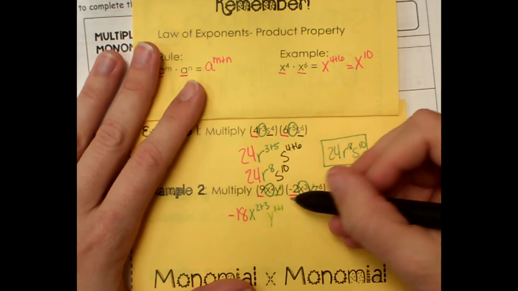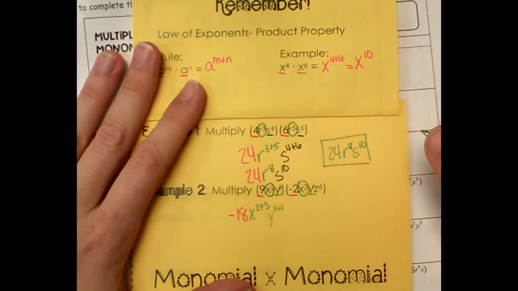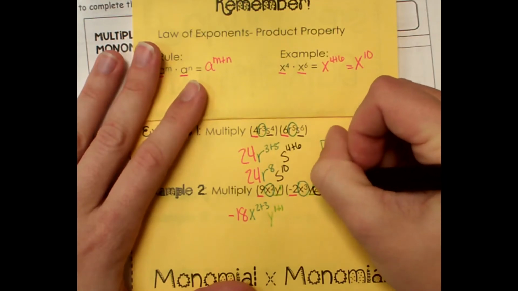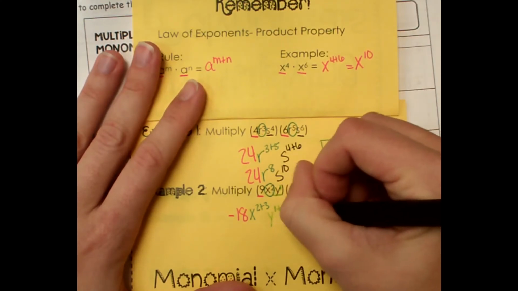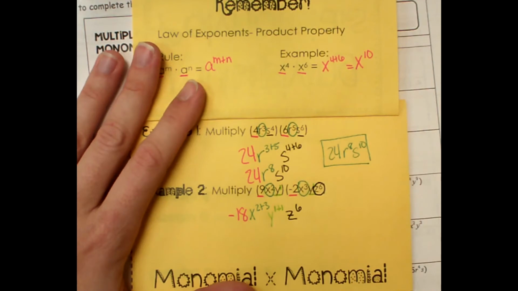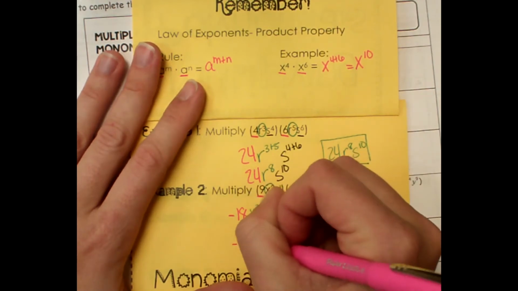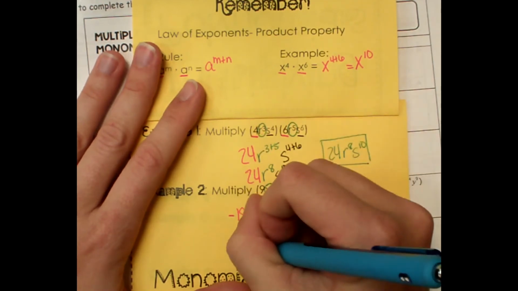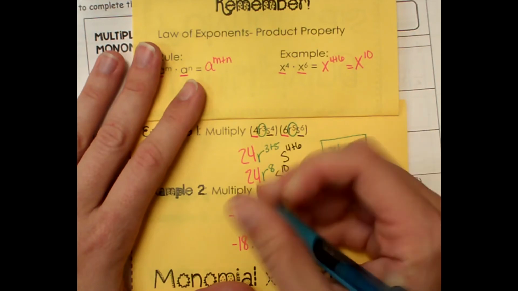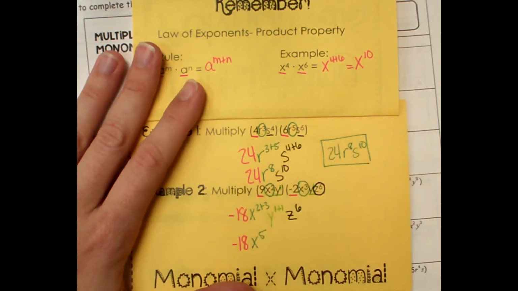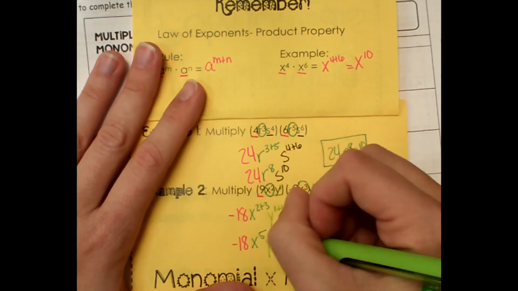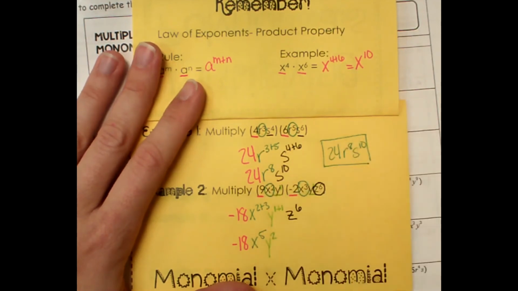The last one, that takes care of the first monomial. I still have z to the 6th over here. So I'm just going to bring it down. There is nothing to change there. So when I rewrite it, I have negative 18. Bring down my base x, so then 2 plus 3 is 5. Bring down my base of y. 1 plus 1 is 2, so now it's y squared.